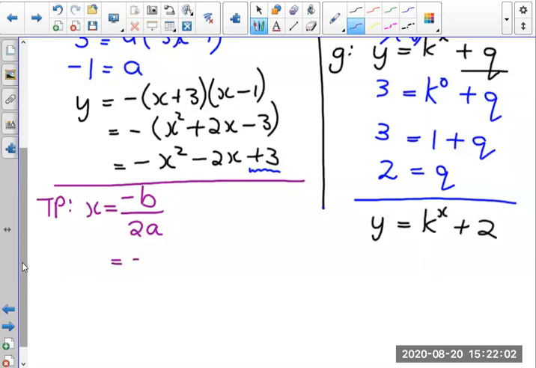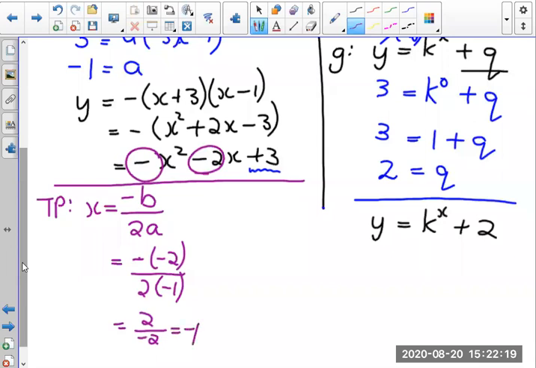So b is negative 2, that is my b value. a is negative 1. That gives me negative negative 2, so positive 2 divided by negative 2, which is minus 1. But now I still need to find the y coordinate of the turning point.